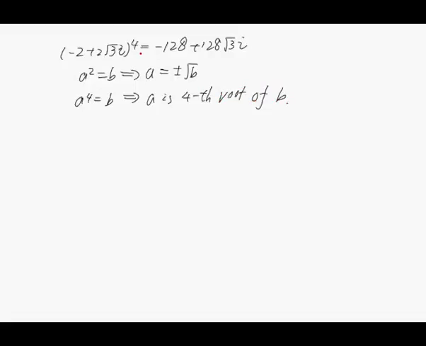So right now, this negative 2 plus 2 times root of 3 times i is a fourth root of this negative 128 plus 128 times square root of 3 times i. So this is a fourth root of this complex number.